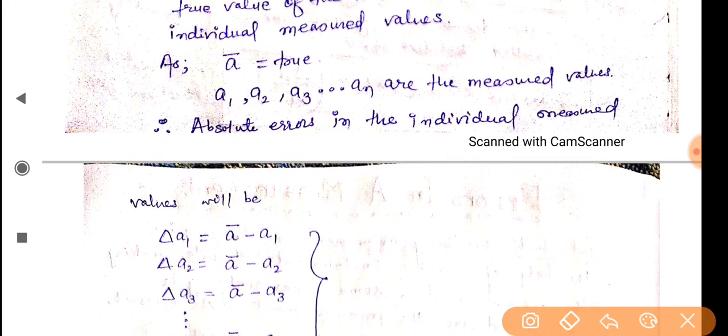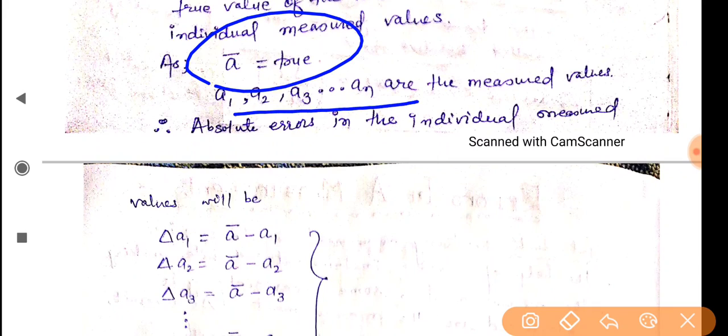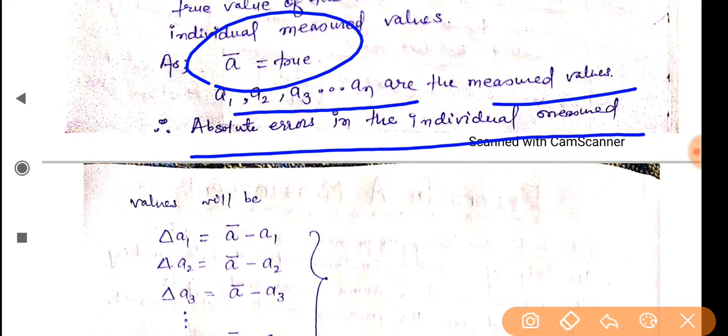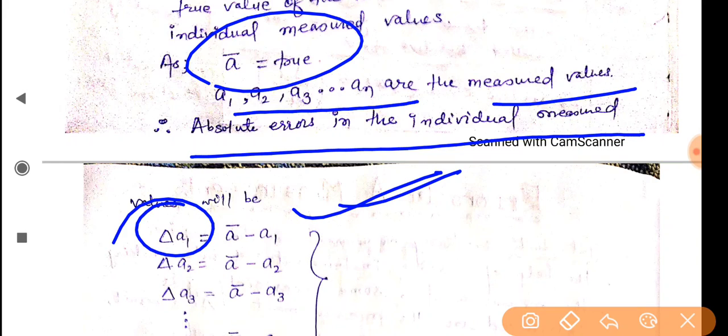So now a bar is the true value, that means mean value, and a1, a2, a3 up to an are the measured values. Absolute errors are calculated as follows. Delta a1, that means the first absolute error, is a bar minus a1.